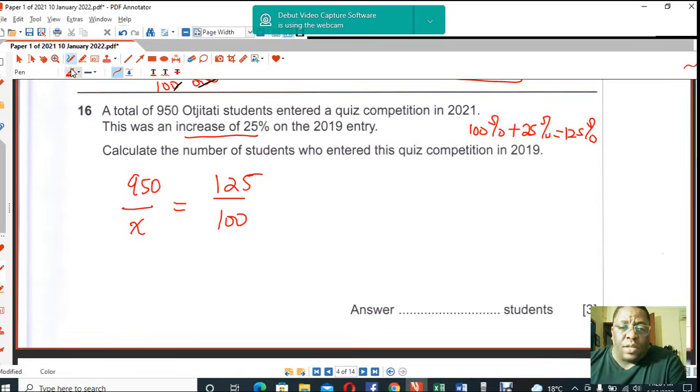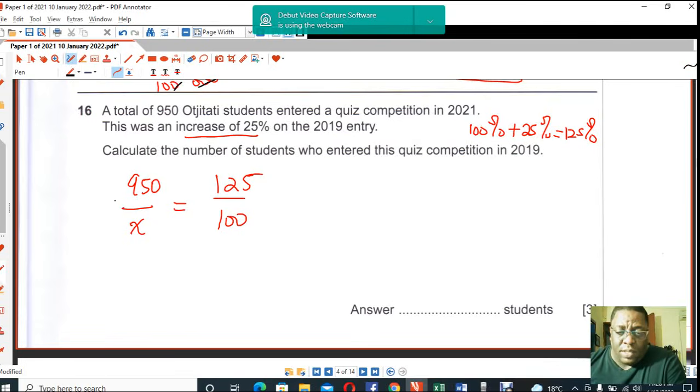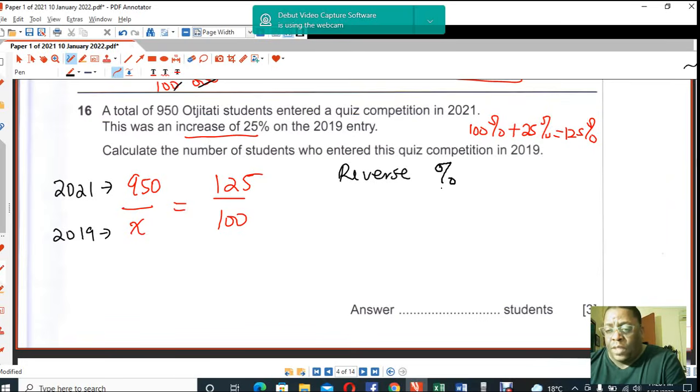So in 2019, we expect a smaller number. That's why we had to do that. And you will understand why reverse percentages come in handy. So this is 2021, and we are looking for 2019. So we are going back. The fact that we are going back means you'll be dealing with nothing but reverse percentages, where the 100 is on top.